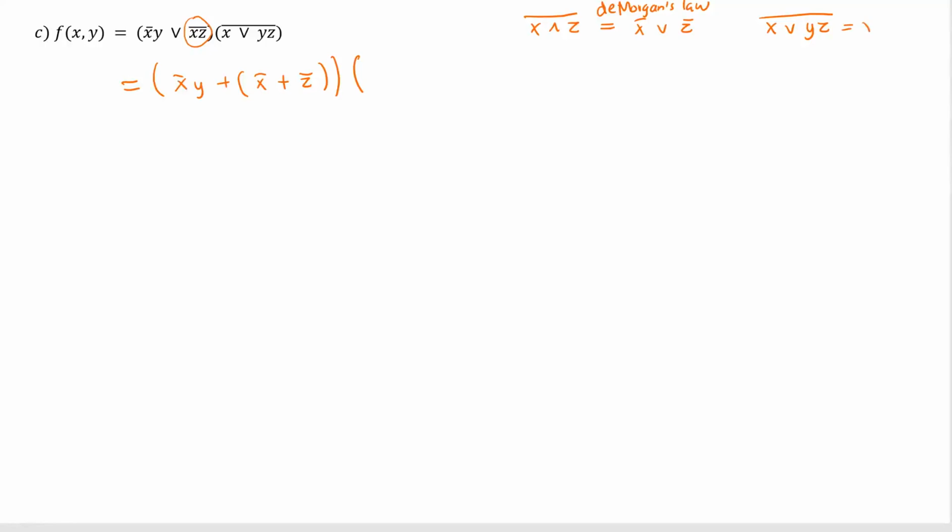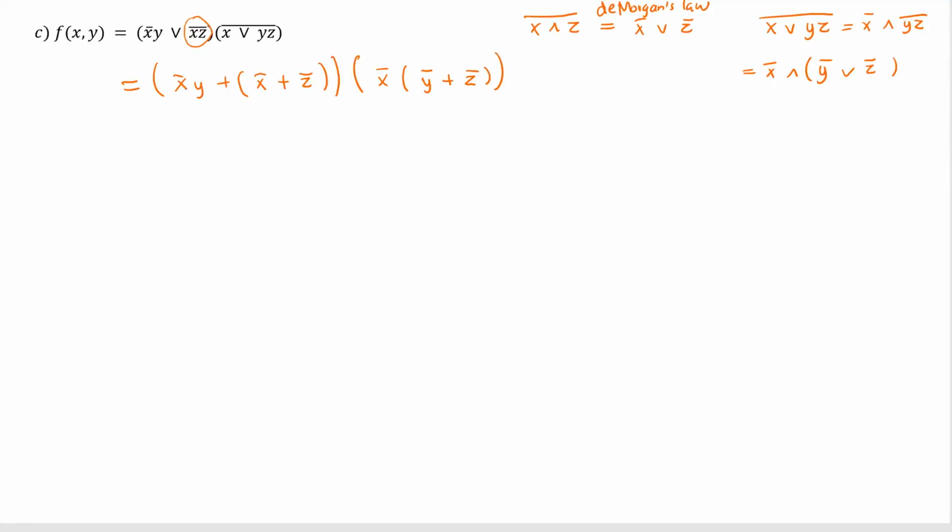Well, this is the same as x bar and yz bar, right? And let's move the bar inside. X bar and parentheses y bar, because this is like AND in between, now it becomes OR. Okay, so we have x bar times y bar plus z bar.